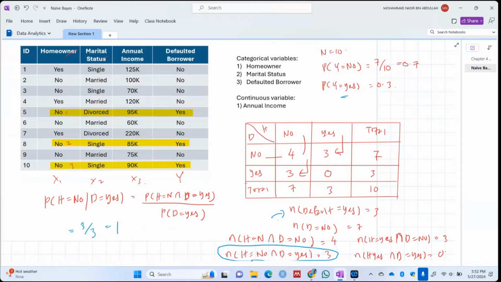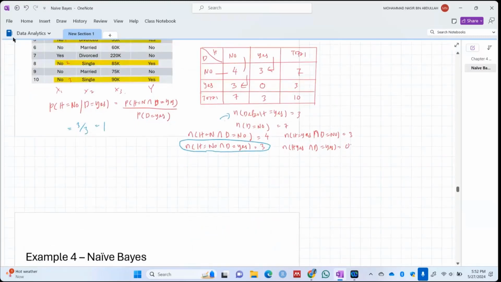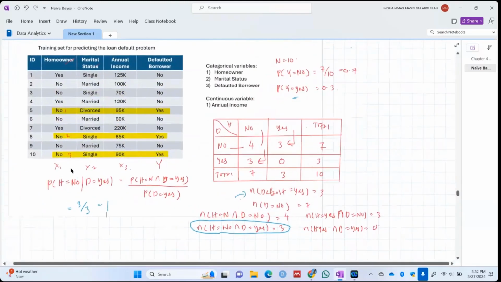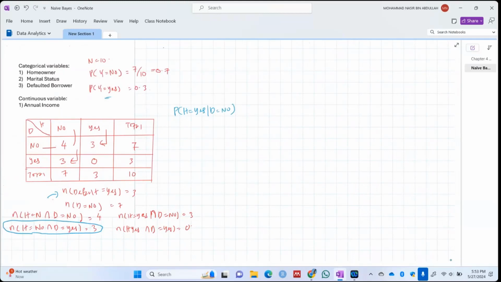Let's do another one. Let's say you want to find probability of H equal to yes, given D equal to no. So what is the probability value?